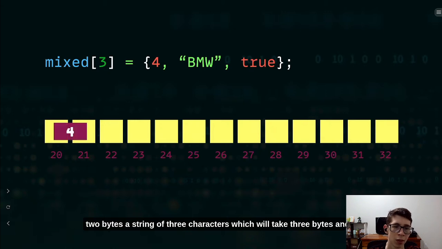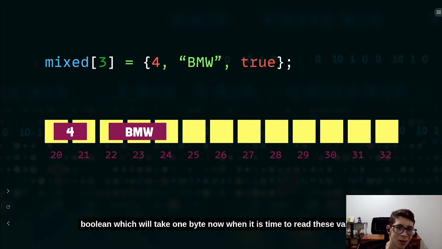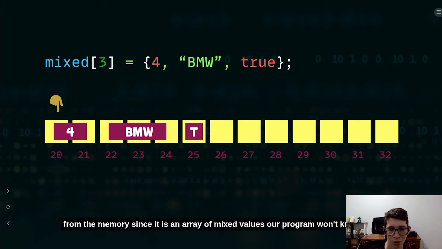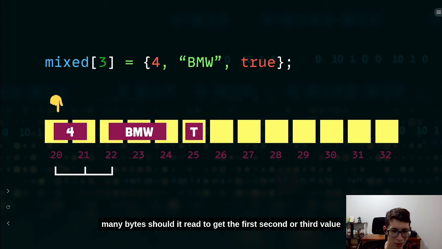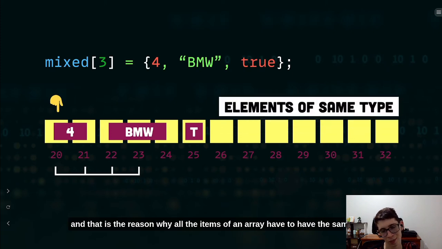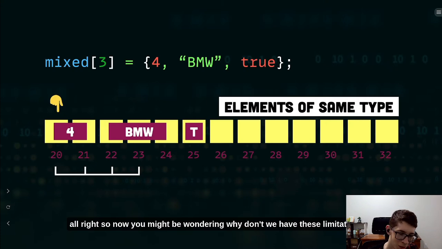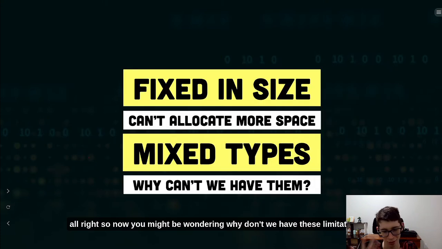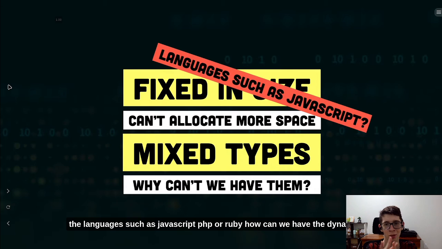Alright, for a mixed array, string, true. Alright, 1 first, second. Sometimes in a single array you have a single type.